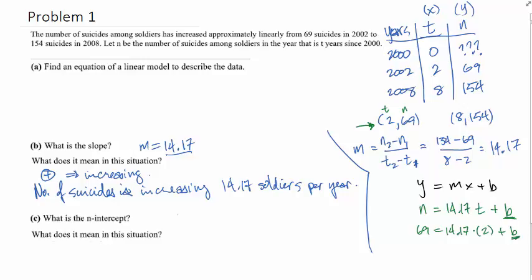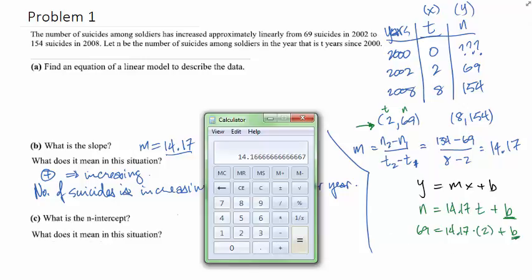So first we need to multiply, and then we're going to subtract. So let's do that. Let's multiply 14.167, I already have that in my calculator, times 2. That's 28.333. And I need to subtract that, so let me put a minus sign in front of this and then add it to 69.